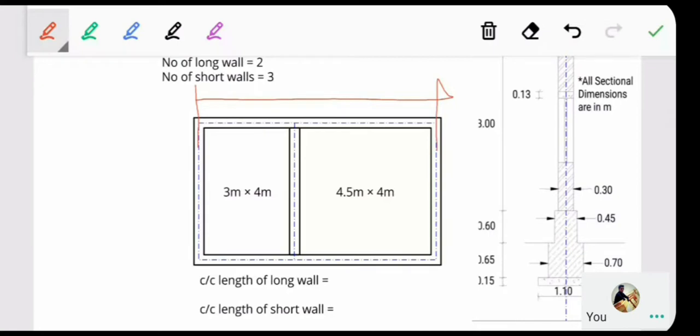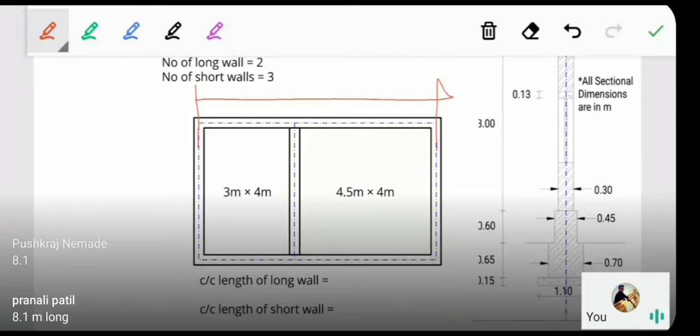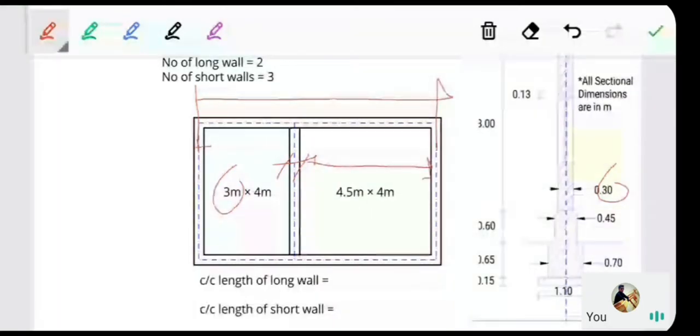It will be first half of this brickwork, that is 0.15, since your brickwork is 0.30. So 0.15 plus room dimension 3 meters, plus the whole wall, that is 0.3, plus 4.5, plus half width of this wall, that is 0.15. That will give us the center to center line length of the long wall.